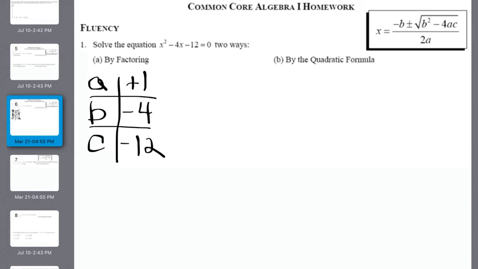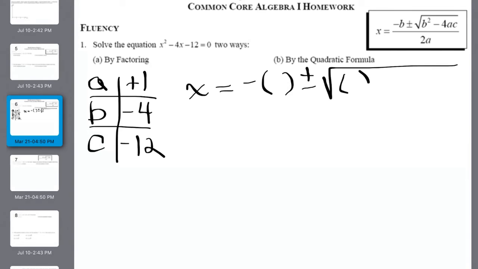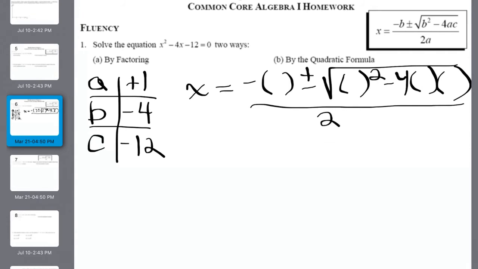Now, since I already have the quadratic formula written, I'm going to rewrite the formula. But every time I get to a variable, I'm going to open up parentheses. Plus, minus, the square root, b squared minus 4ac, all over 2a.